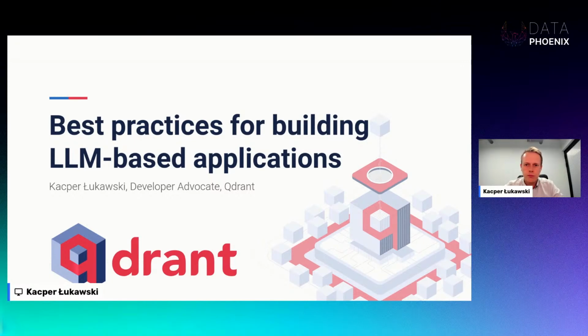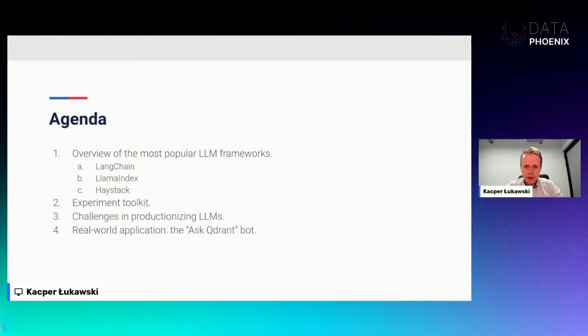If you just want to create a prototype, you require different tools than for a real application serving any kind of traffic. So today we are going to review some of the most popular libraries or frameworks available for building LLM-based applications. And this is the full agenda.